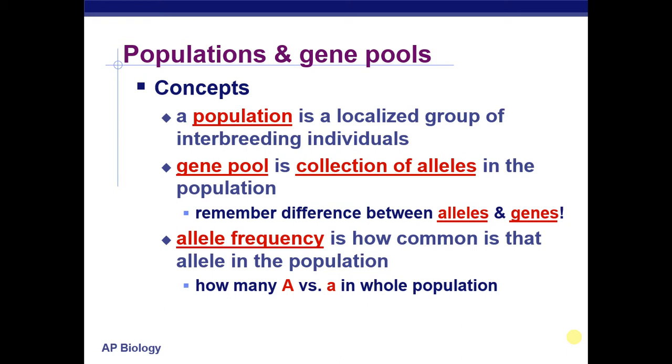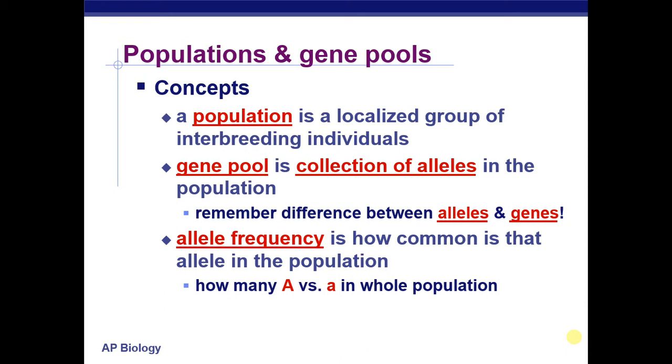If we were looking at the gene pool for a specific trait, each organism would have two alleles, and think of those as marbles. Maybe a red marble represents a dominant allele and a blue marble represents a recessive allele. If each individual had two marbles representing their two copies, and we put all of those marbles in a bowl to represent all of the alleles for that gene in a population, that would be the gene pool.